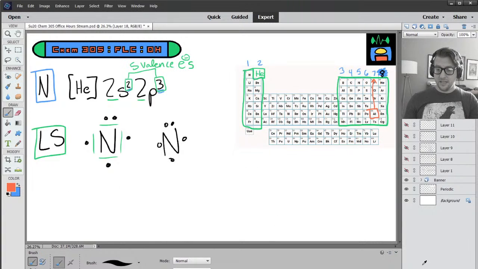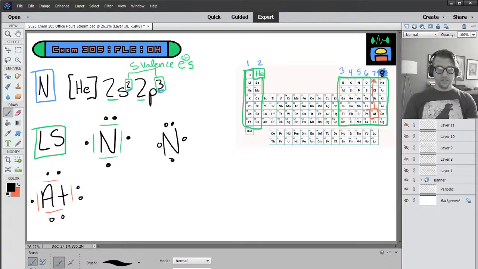That means that astatine will have, and again, you'll look at it as having 4 sides, and you start putting 1 electron at a time. 1, 2, 3, 4, 5, 6, 7. There's the Lewis dot structure for astatine.